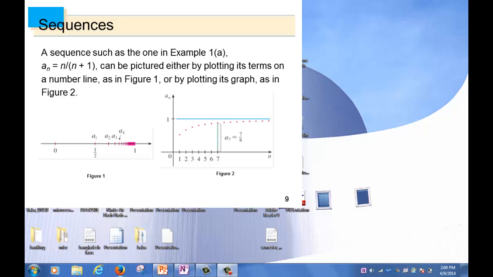But here, when we talk about the limit of a sequence, we only look at one case, when n goes to infinity. When n gets bigger and bigger, what is happening to the sequence? What is happening to the sequence eventually? That's all we care about.